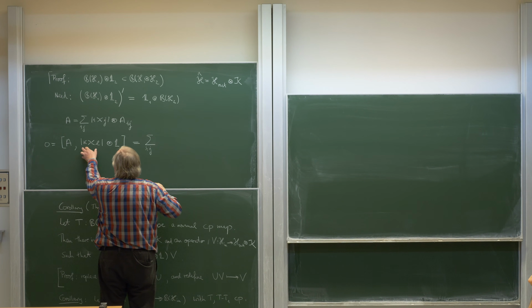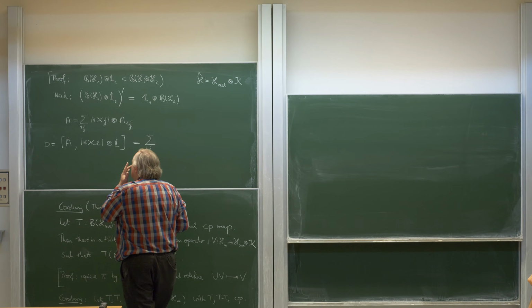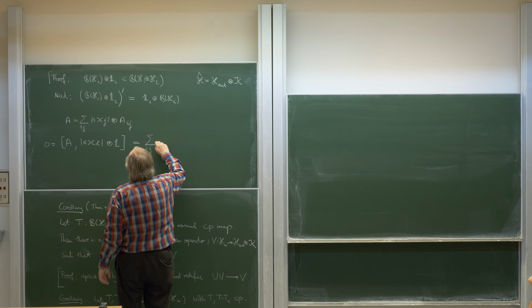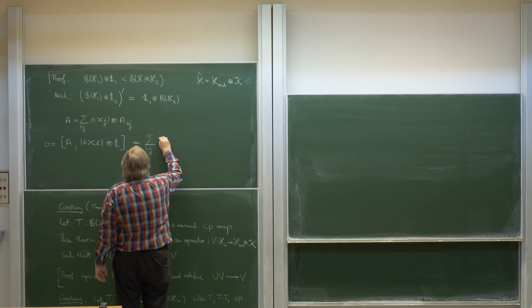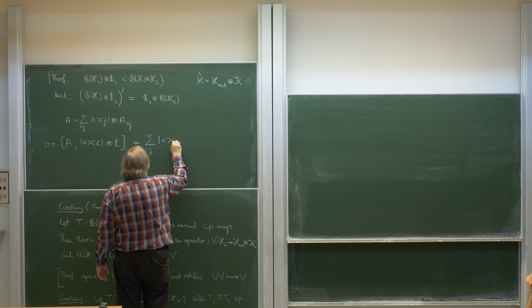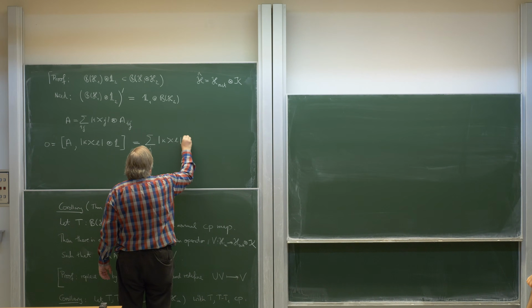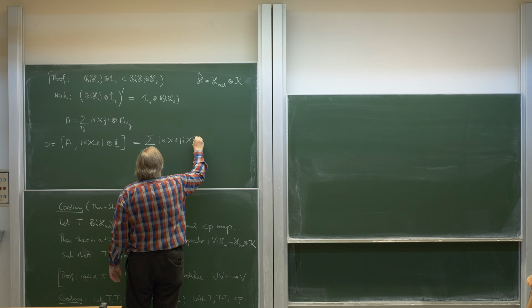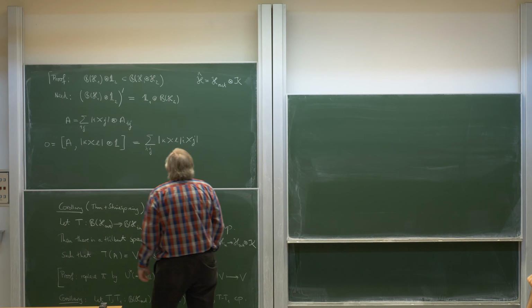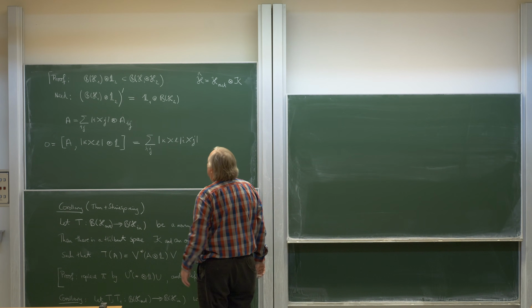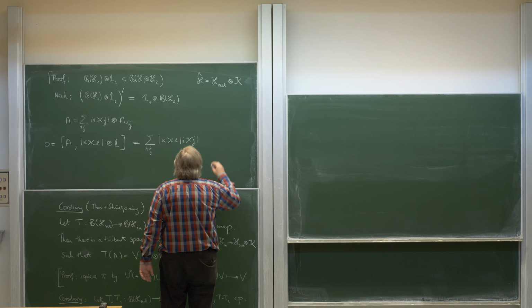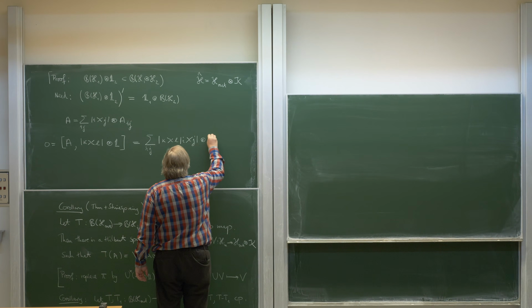K and L are now free labels. So the first term gives us, well, let me just write it out. K, L, I, J tensor Aij, right? And yeah, let's do them separately.